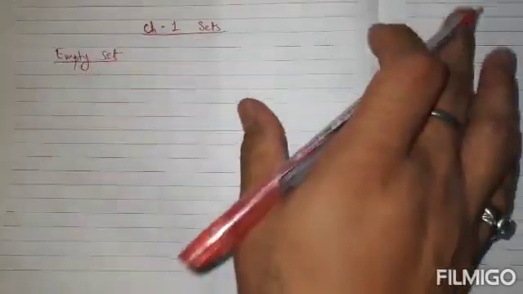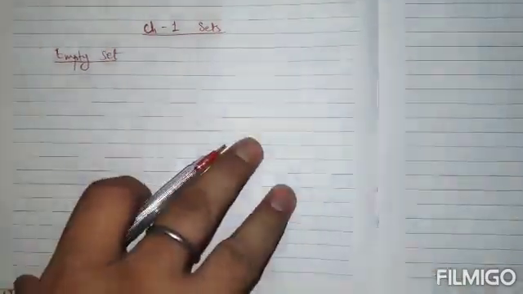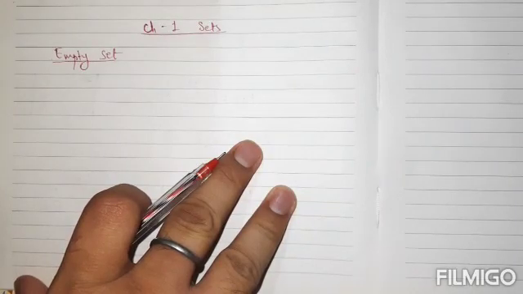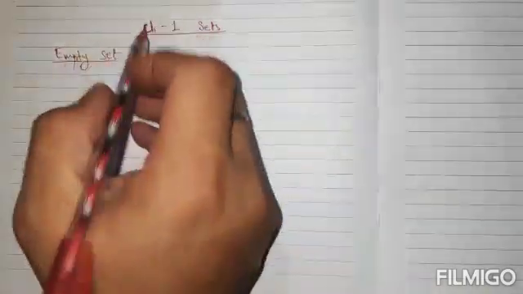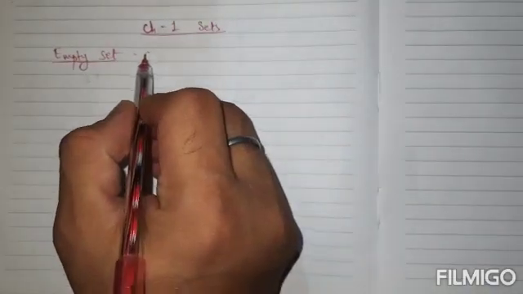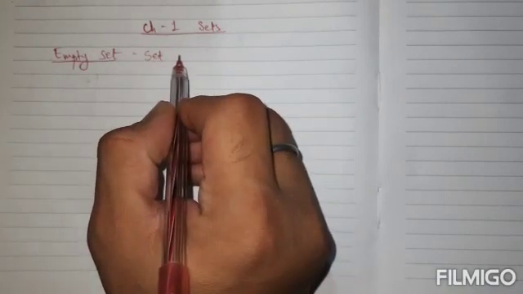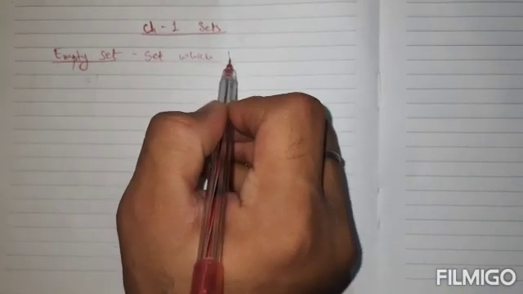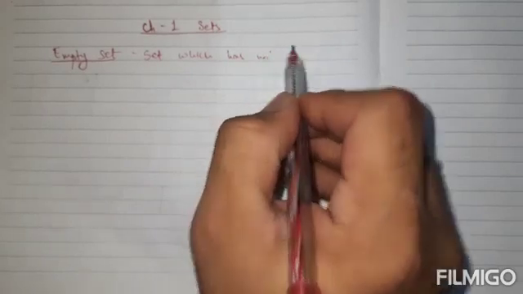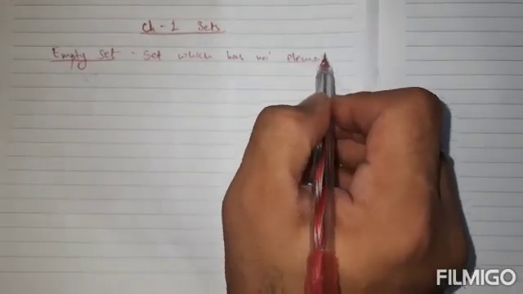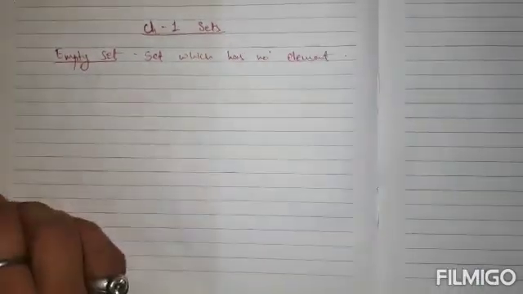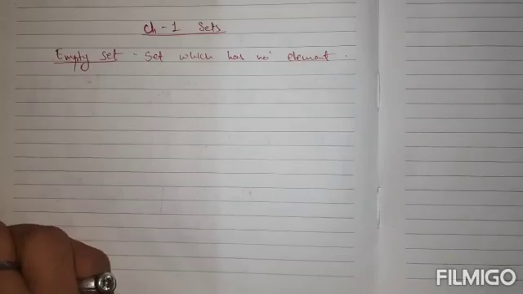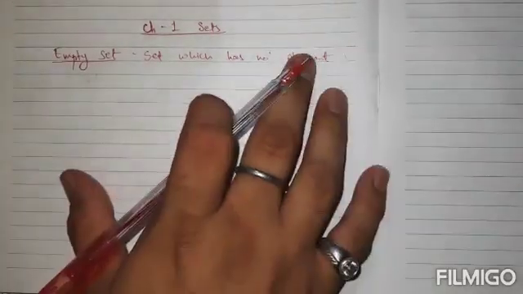Now it is definitely clear by its name that a set which does not contain any element is called an empty set. Means a set which has no element. This is called an empty set. Now you must be thinking, what is its use and why is it important?